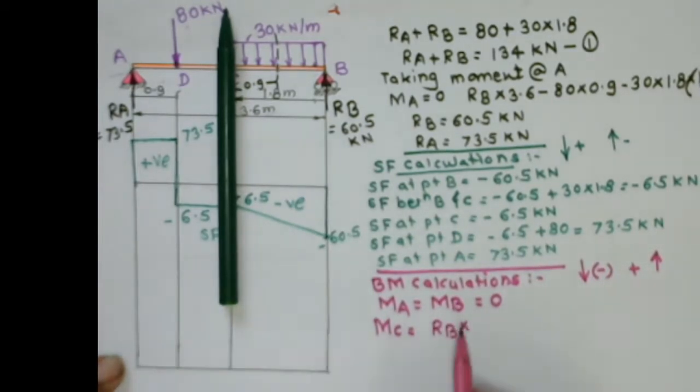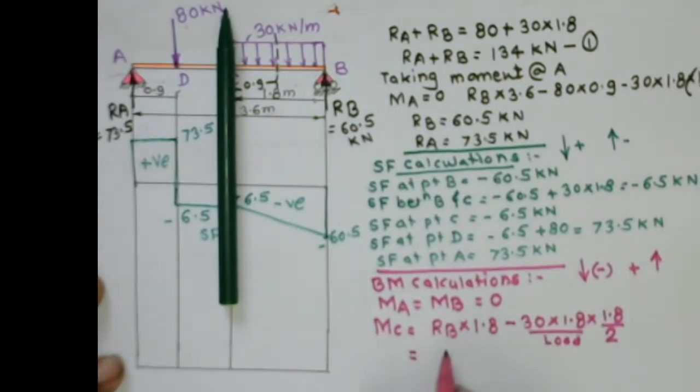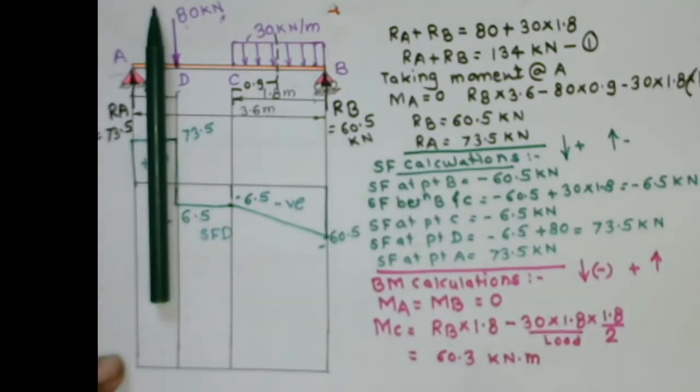RB's distance up to the point C is 1.8, minus UDL is acting in the downward side, so 30 into 1.8, that becomes a load, and it is acting at the center of the span. So put the value of RB, and you will get 60.3 kilonewton meter.